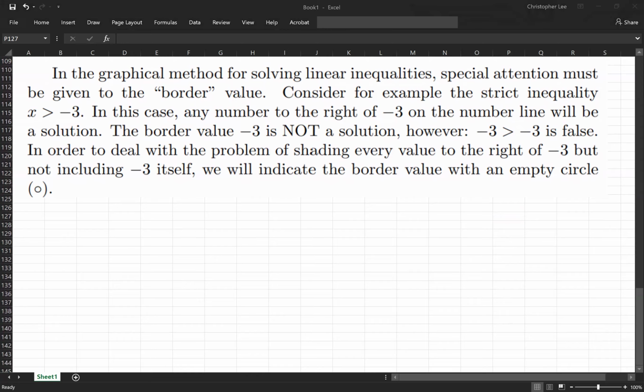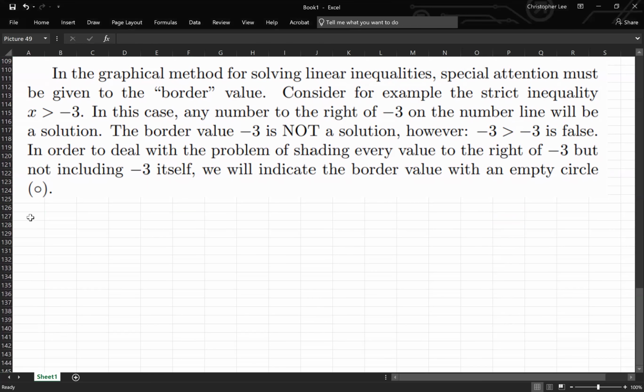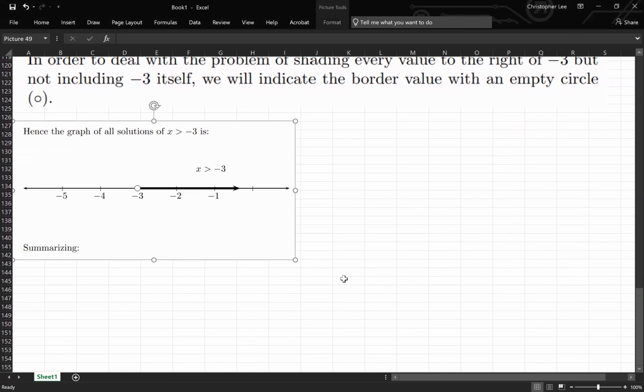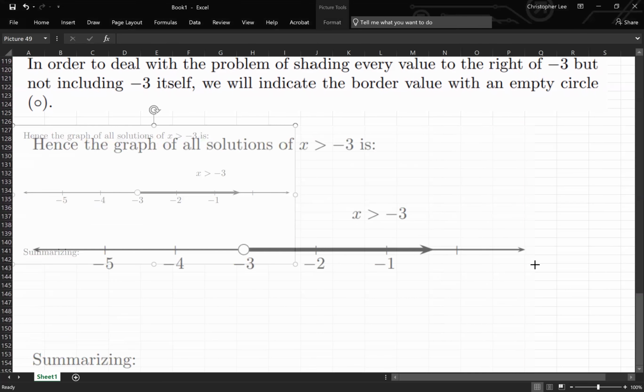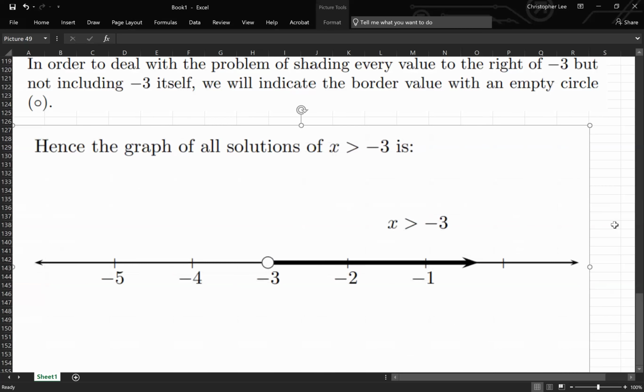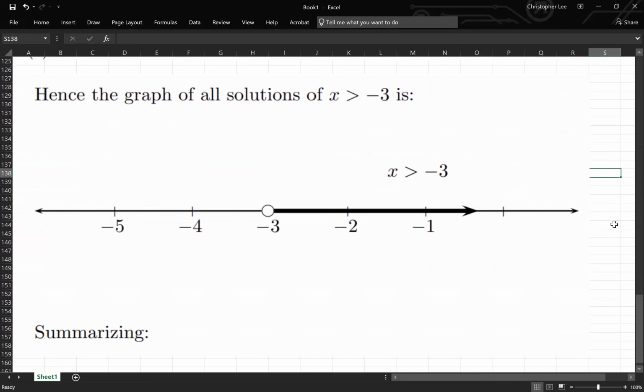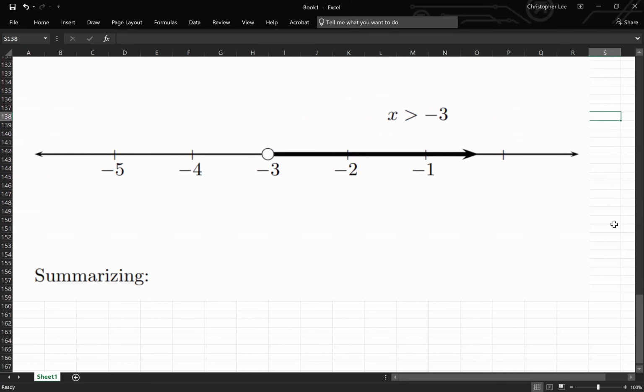So let me show y'all what I mean. Now I'm gonna make this real pretty too. All right. So the graph of all the solutions of x is greater than -3 is this, right?